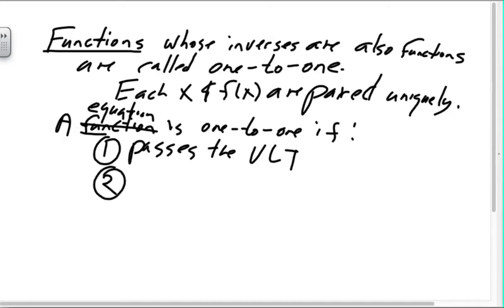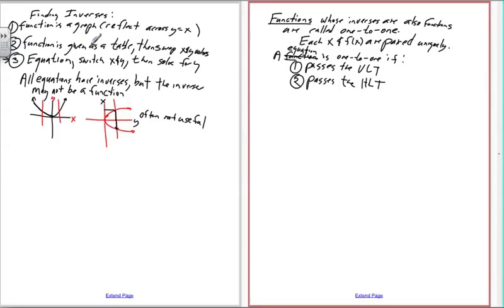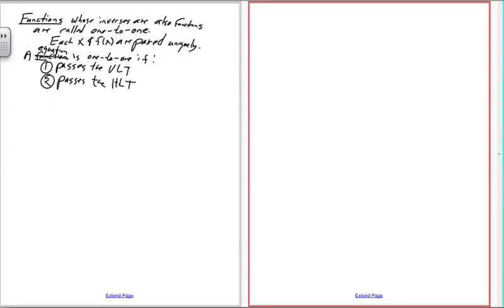And number two, it passes the horizontal line test. So you need to pass both the vertical line test and a horizontal line test. So let's take a look again at our parabola.